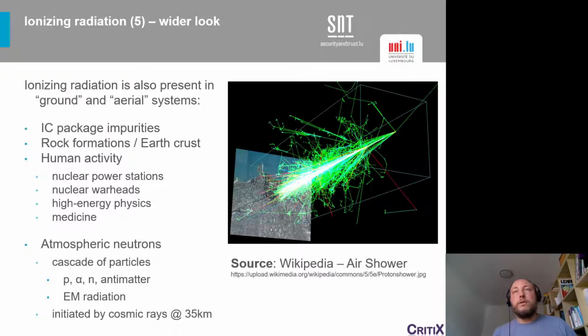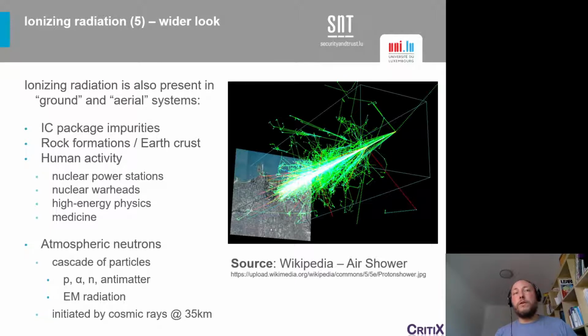Also, human activity can cause radiation effects that will affect electronic systems in general. So nuclear power stations, nuclear warheads, if we are into the war stuff, high energy physics accelerators, medicine, the proton beams used for cancer treatment, and so on.